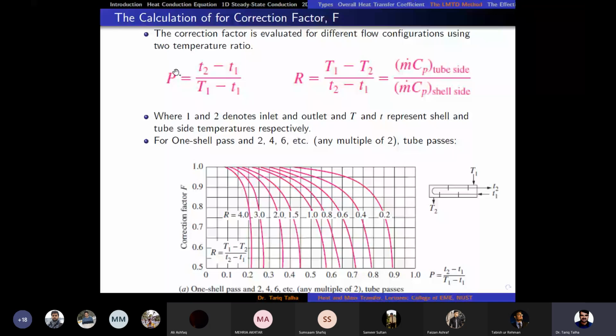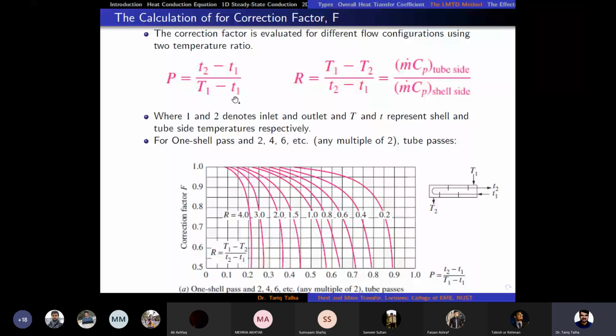Now if we want to calculate P, that would be equal to the outlet temperature of the fluid at the tube side, minus the inlet temperature of the fluid at the tube side, divided by the inlet temperature of the fluid at the shell side, minus the inlet temperature of the fluid at the tube side.